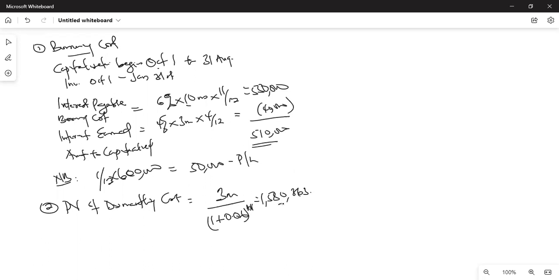Remember, this is the smart cost. What is going to happen is that every year we need to unwind interest cost.